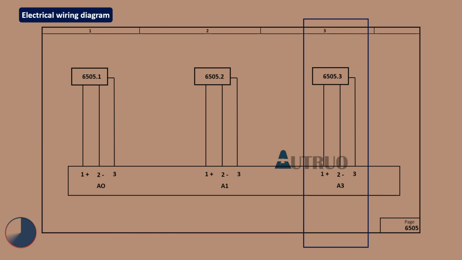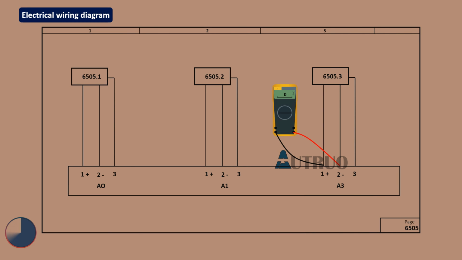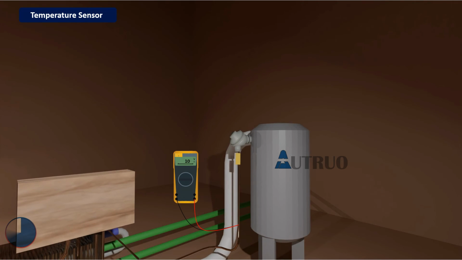Firstly we will look at the schematic and identify all the wire terminations going to the sensor. As we can see, this sensor is a 3-wire sensor. We will check the voltage termination at the module for authentication. In a situation where there is a DC voltage available within the module, then there is a need to check the voltage at the sensor side.